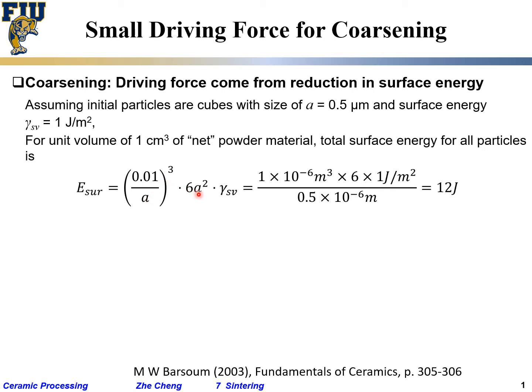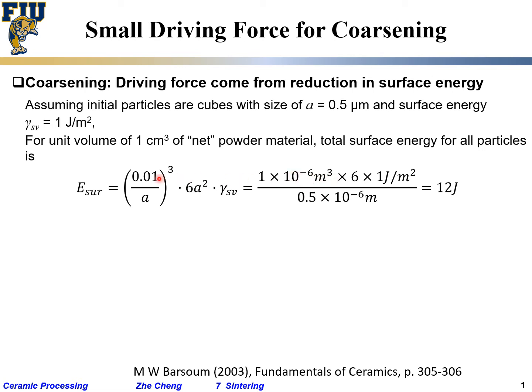I have a squared, so they cancel out. I would have a in the denominator, right? And then 0.01 to the power of 3, that's 1 times 10 to the minus 6 meter to the power of 3.